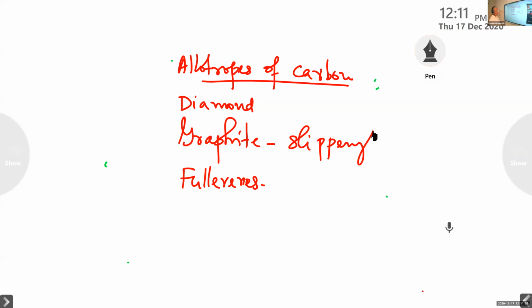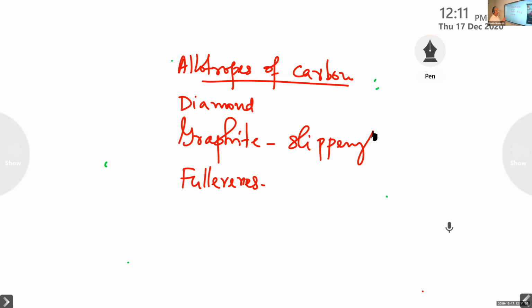Another thing, the electrons between the layers are mobile electrons. And due to the presence of the mobile electrons between the layers, graphite is a good conductor of electricity.